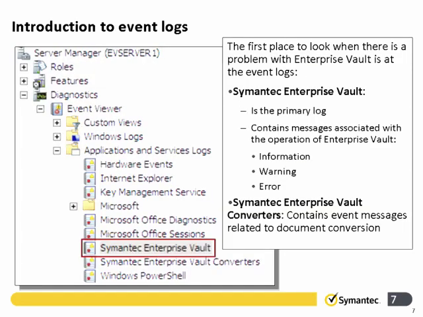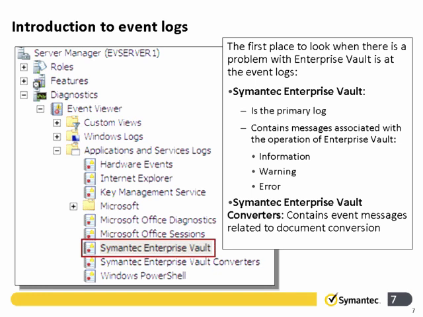So going back and revisiting the event log, this is showing you using the Server Manager utility. When you go through the diagnostic section, through the event viewer, under the Microsoft logs, under the applications and services logs, you can see the two logs that have been installed by Enterprise Vault. We have the Symantec Enterprise Vault log and the Symantec Enterprise Vault Converters log.